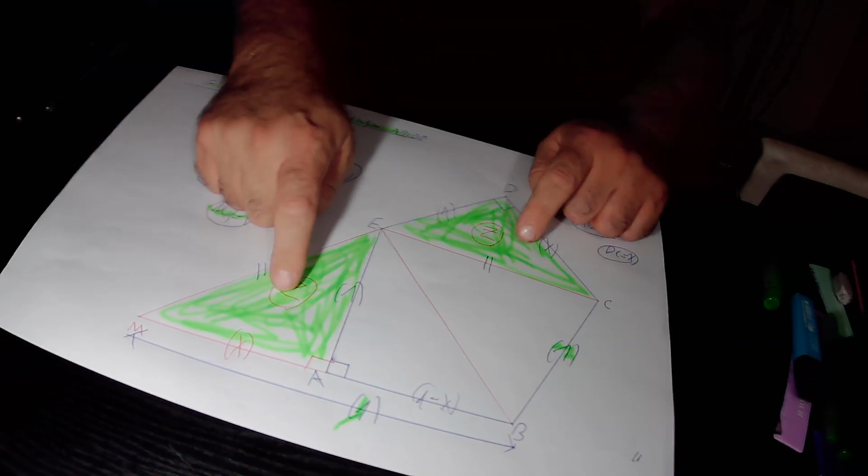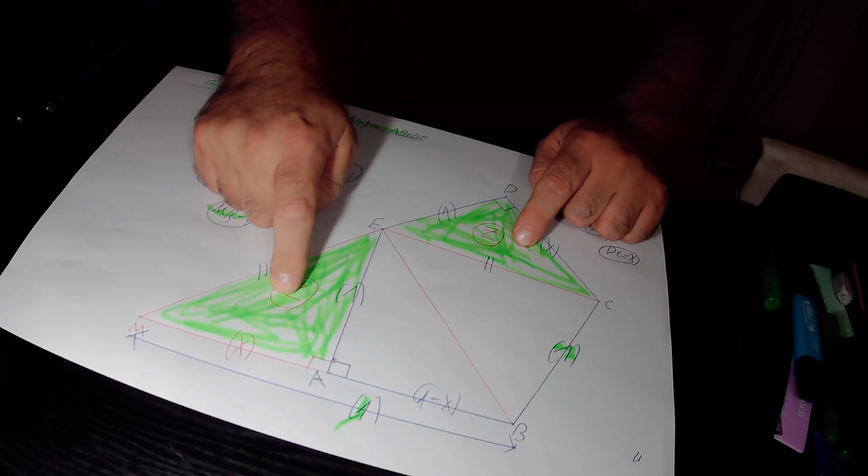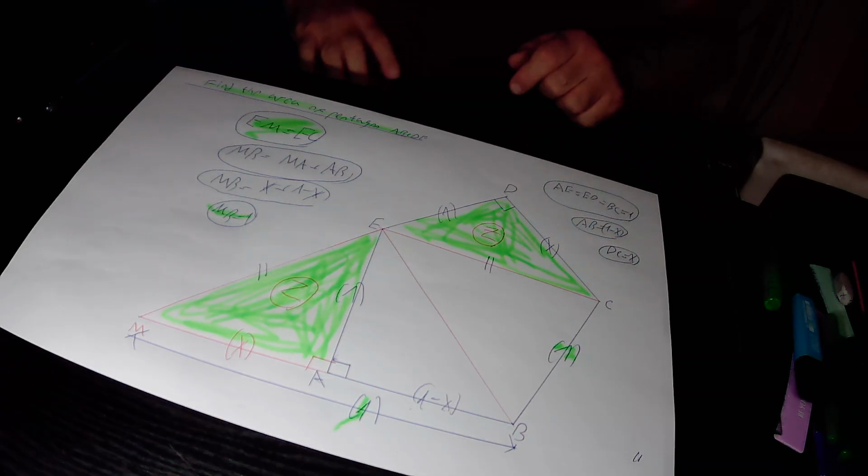And therefore those two right triangles are congruent according to the side-angle-side rule.